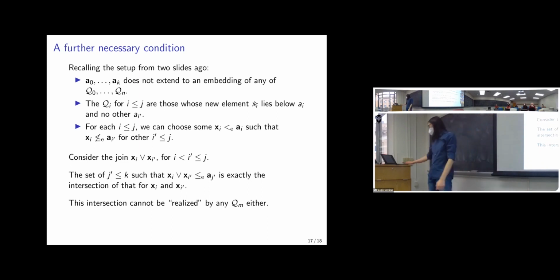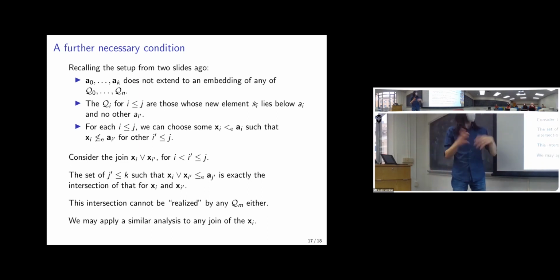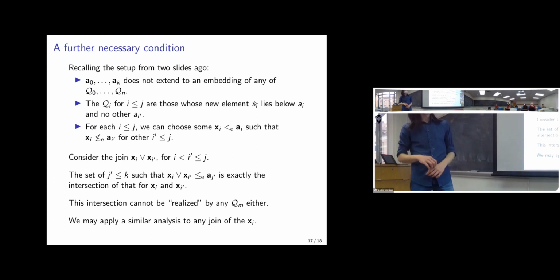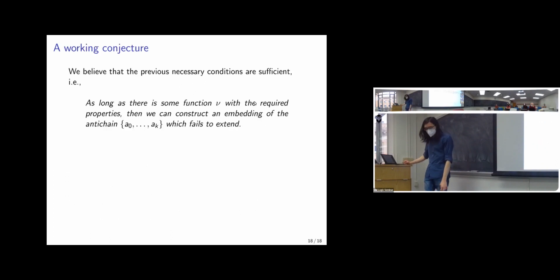And of course, here I took the join of 2 things, but you can take the join of any of the singleton extensions, and you're going to get a similar kind of analysis. So I won't show you the actual condition here because it's not super long, but it's not so easy to understand.